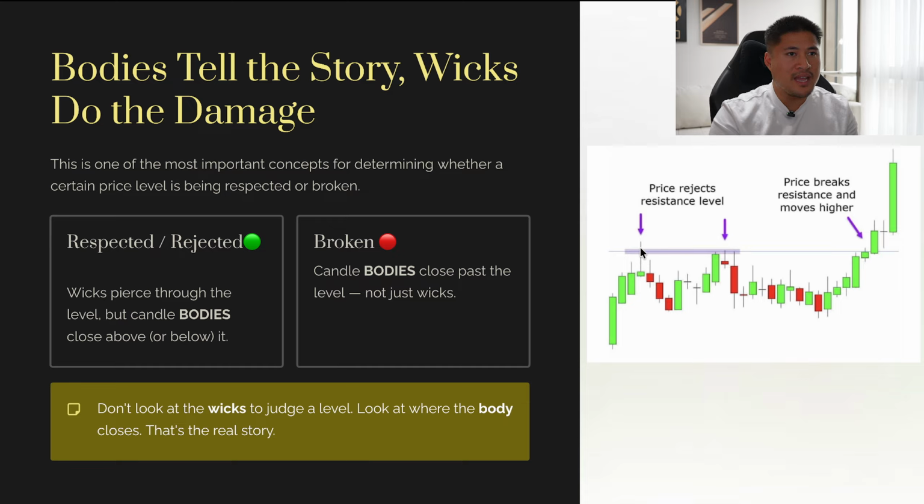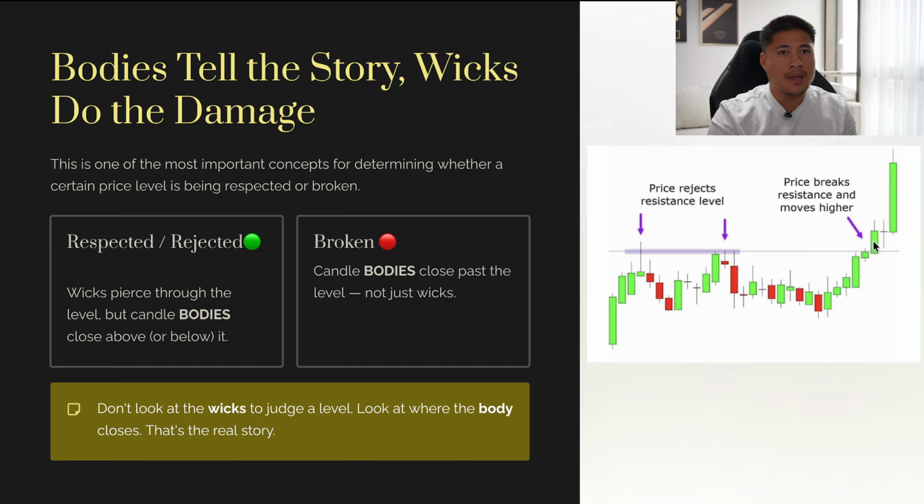Then price goes downwards for a little bit because it rejected off this level. It comes again, and again it rejects because it only wicks this level. It doesn't body close above it, which means this price level is being respected again. And again, price moves downwards for a little bit until it finally comes to this level again.